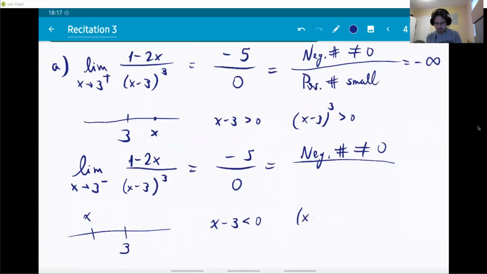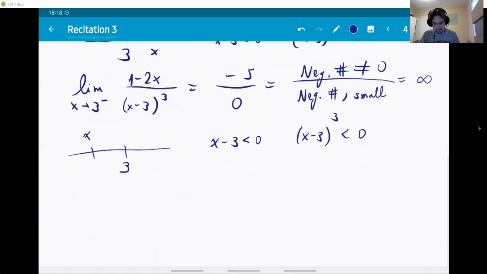And what is the cube of a negative number? That's also negative. So the denominator this time is negative, a negative number, small. Which means negative over negative is now plus infinity. And just to conclude, we found 2 different values, so the limit does not exist.